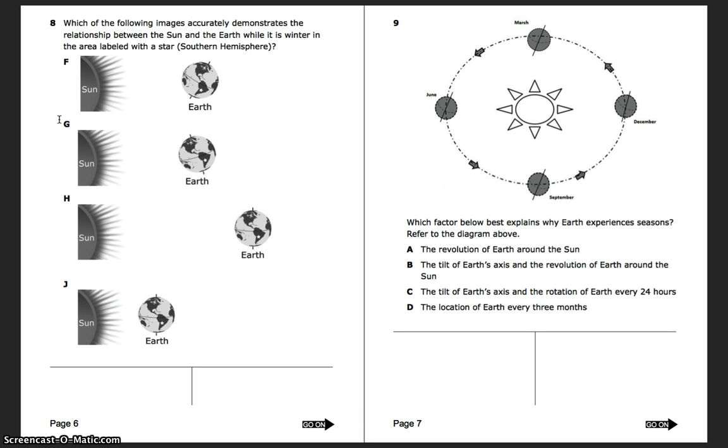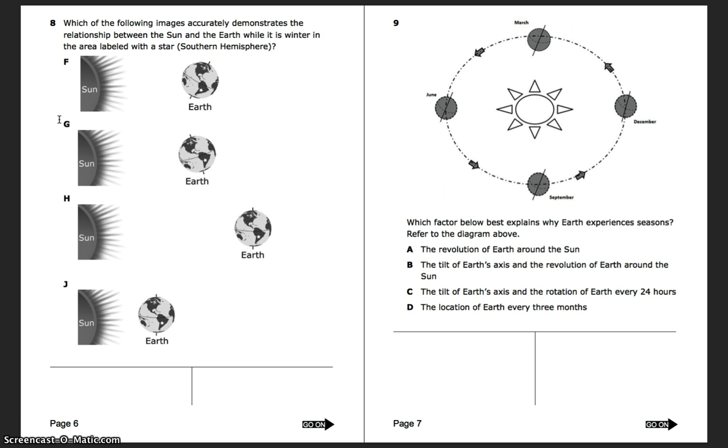Number 8. Which of the following images accurately demonstrates the relationship between the sun and the earth while it is winter in the area labeled with the star, southern hemisphere? F, G, H, or J? Number 9. Looking at the diagram left to right: June, September, December, March.